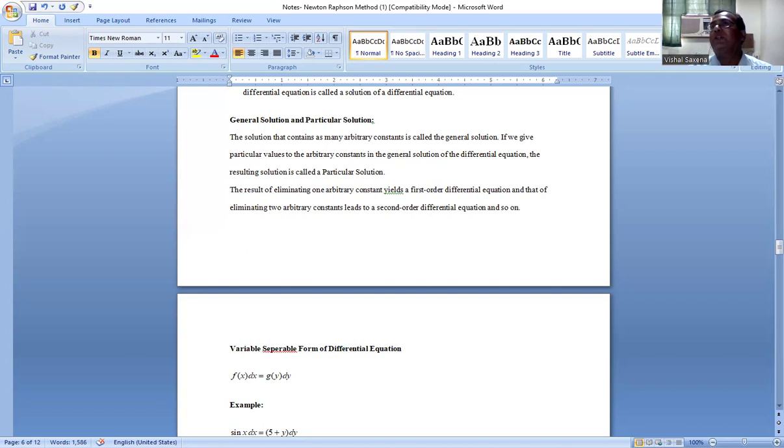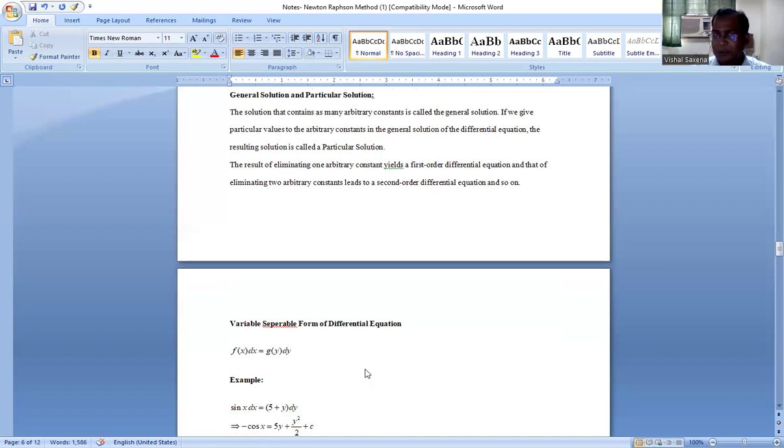There are various methods to solve differential equations at present, like analytical methods as well as numerical methods. The first method, called the variable separable method, is going to be discussed in today's lecture.